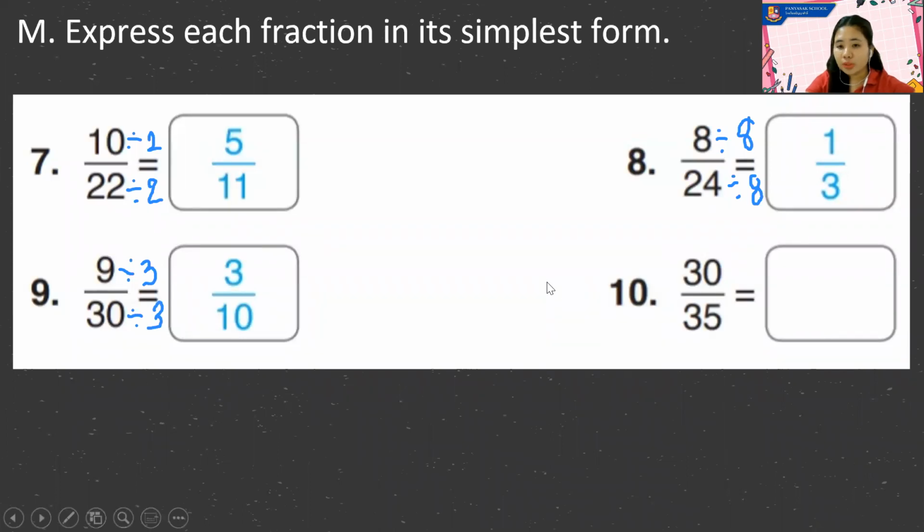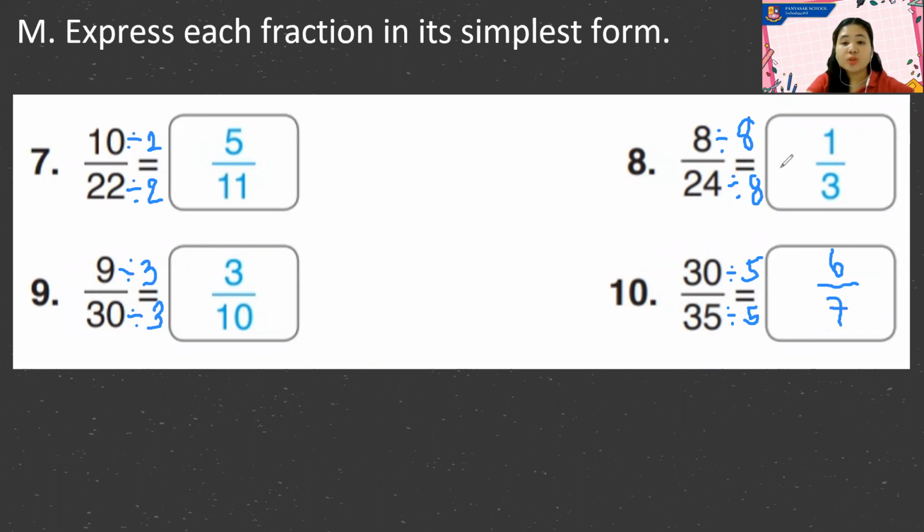Then last number, number 10, 30/35. What can you divide to 30 that you can also divide to 35? That is 5. 30 divided by 5, the answer is 6. 35 divided by 5, the answer is 7.